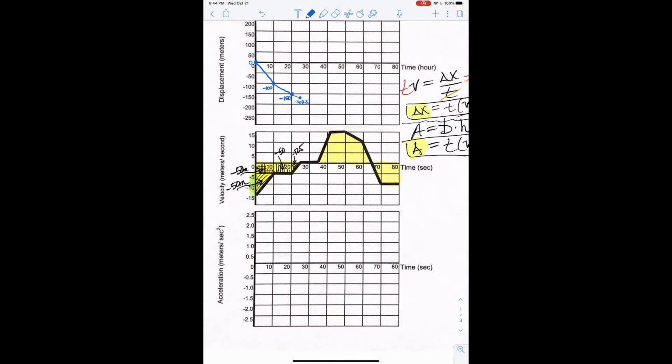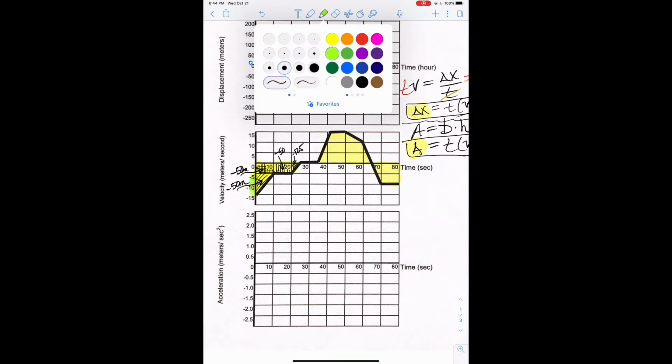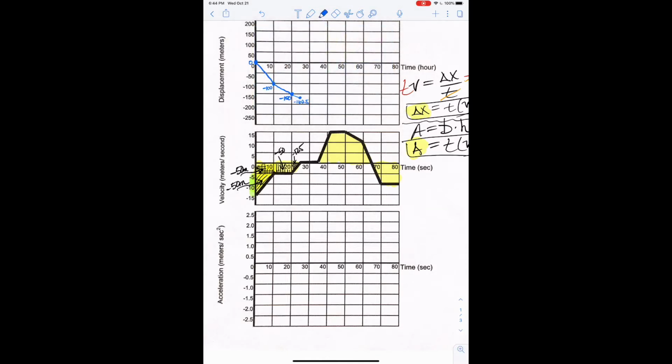All right. Then we have no area for the next 10 seconds. If we have no area, that means we have no delta x, so no change in position. So we hold position. I'm talking about this right here. Let me grab a highlighter and highlight in blue. So right there, that is 0 area.